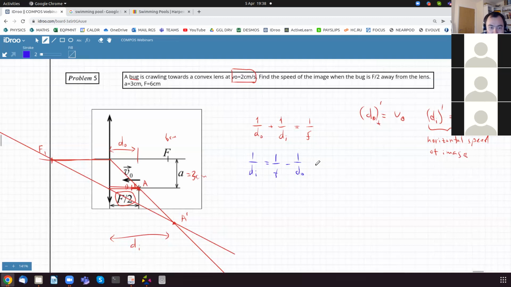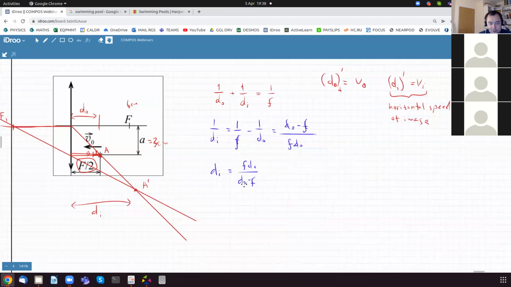And this is going to be d naught minus f, divided by f d naught. So di is going to be equal to f d naught divided by d naught minus f.